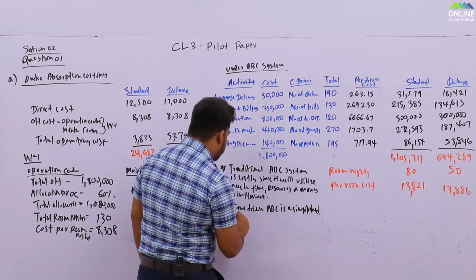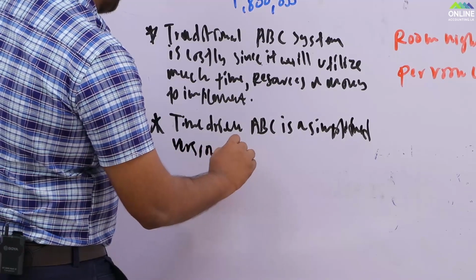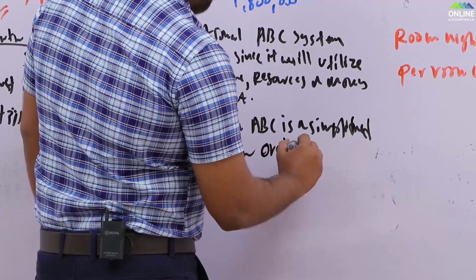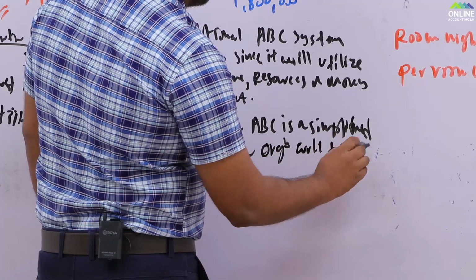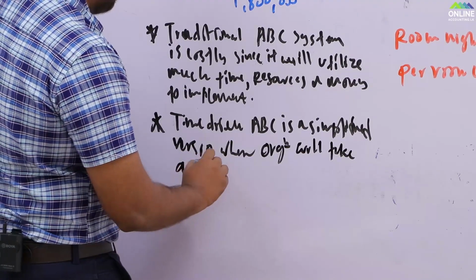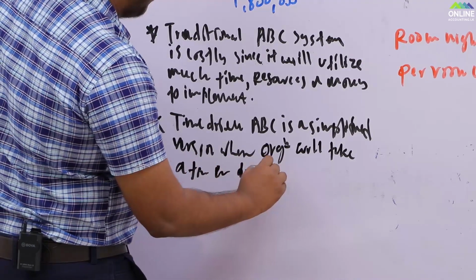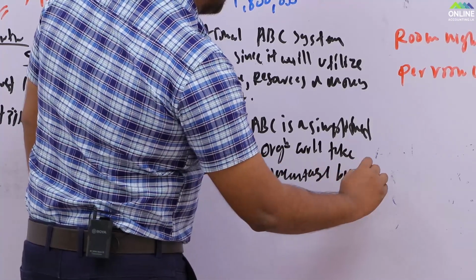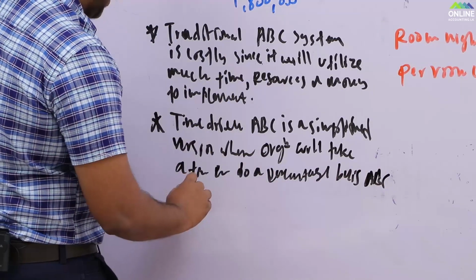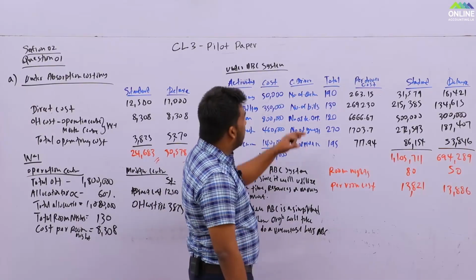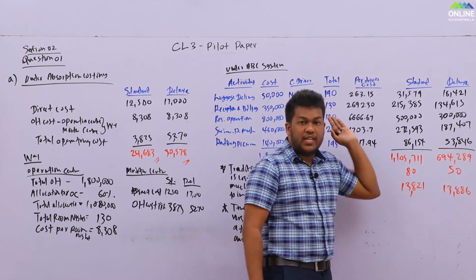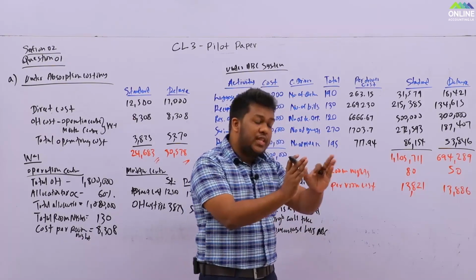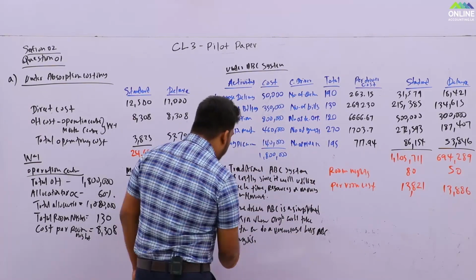It's a simplified version where organizations will take a time period and do a percentage-basis ABC analysis. So they are not going to look at everything, all these orders for cost drivers and all, but they are getting a percentage from the past data, and based on that they are going to do this.